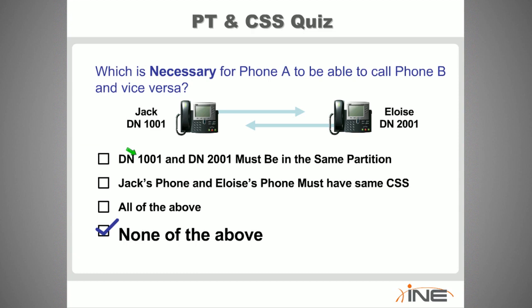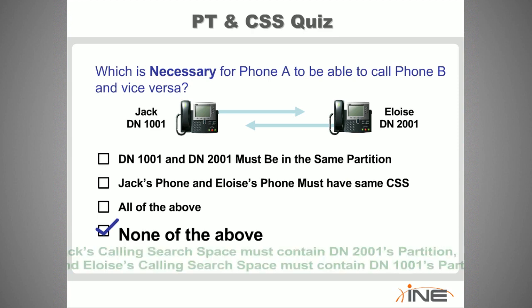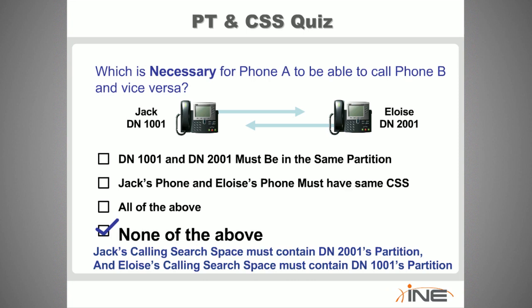It is D, none of the above. Just because two DNs are in the same partition means absolutely nothing. If two phones have the same calling search space, it means absolutely nothing. If all of that's true, it means absolutely nothing.